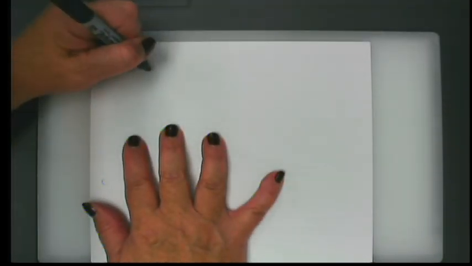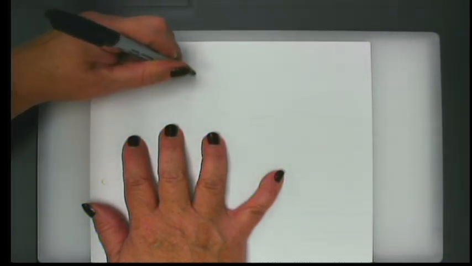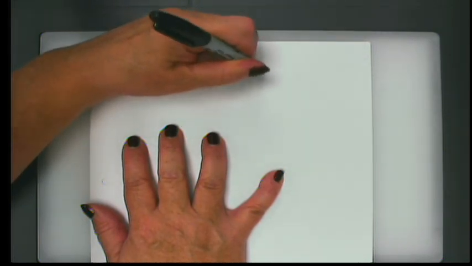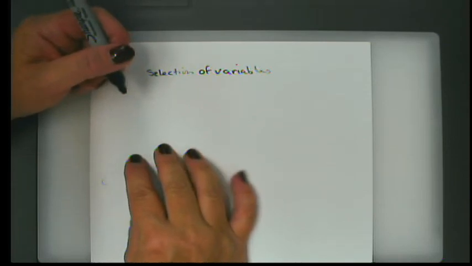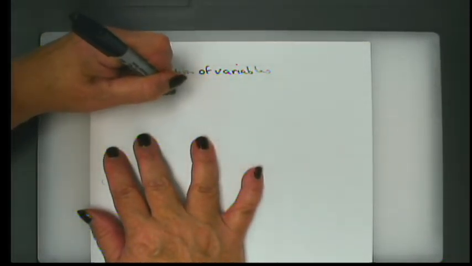Sometimes when you find your variables, you have to model it so that not only the geometry is in proportion, but you need to have proportionality of other effects as well.